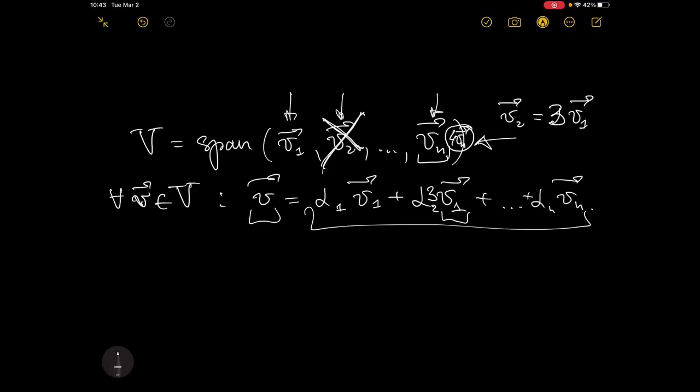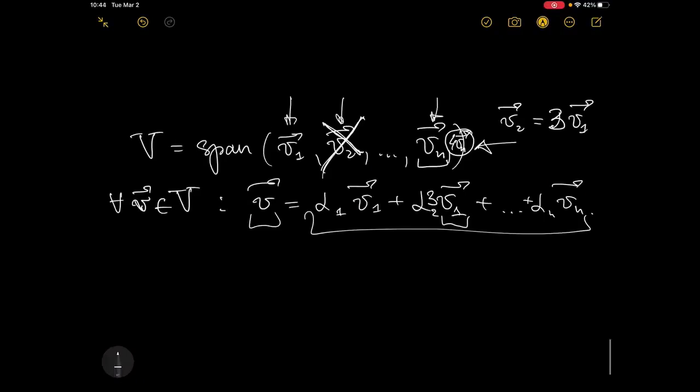You can get the zero vector from any other vector from the spanning set by multiplying it by the zero scalar, right? So it doesn't change anything. But of course, in the basis, you cannot have a zero vector because the zero vector, as I said, is linearly dependent with any other vector from the basis. Clear or not?